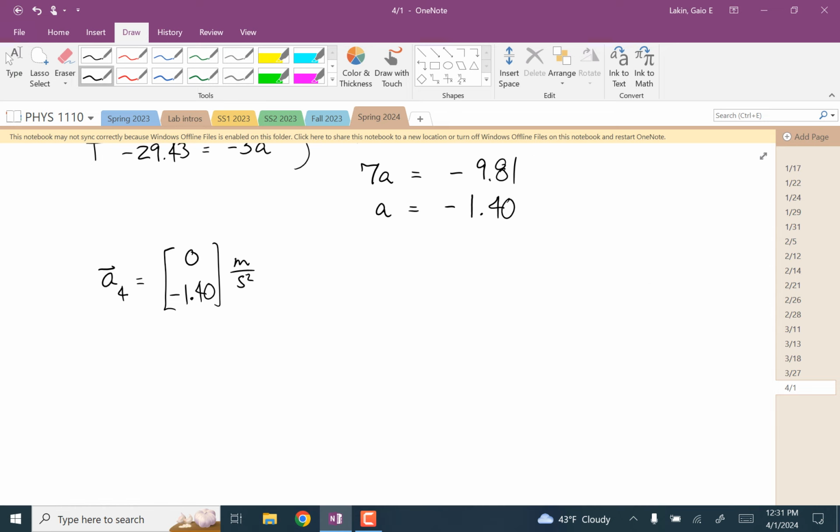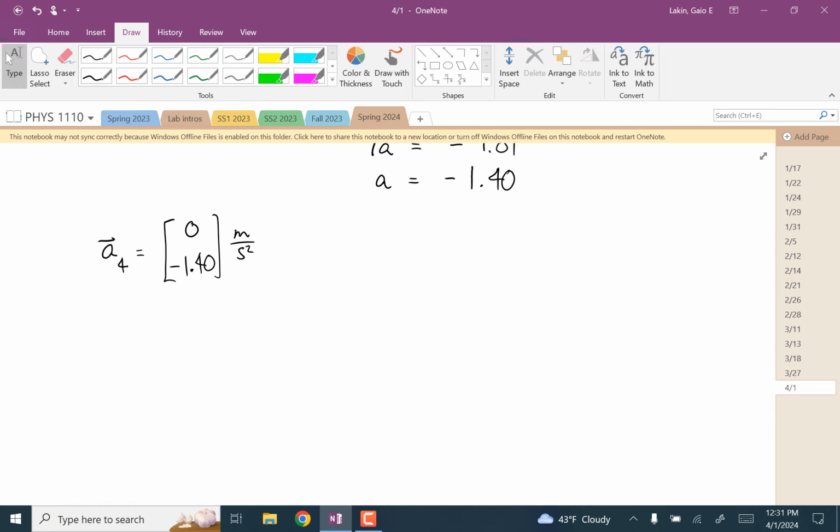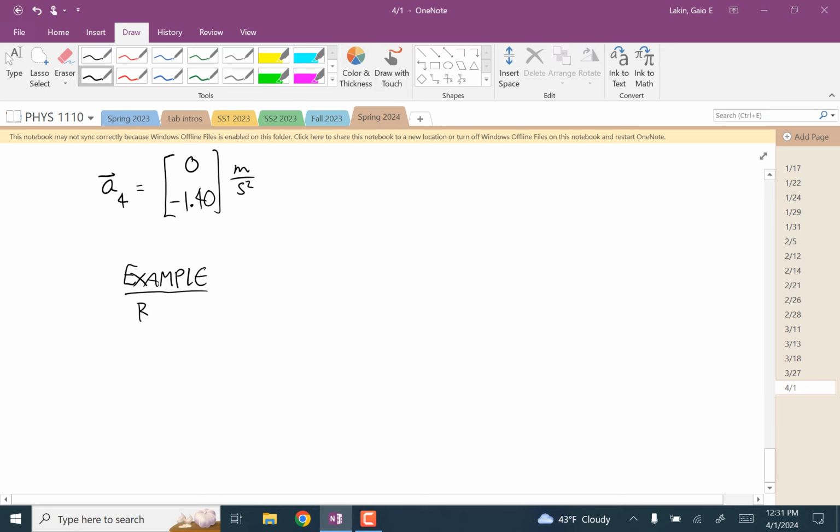Okay, I want to show you sort of a funky one. I'm going to do 2 more examples here. So this one is called a block and tackle.